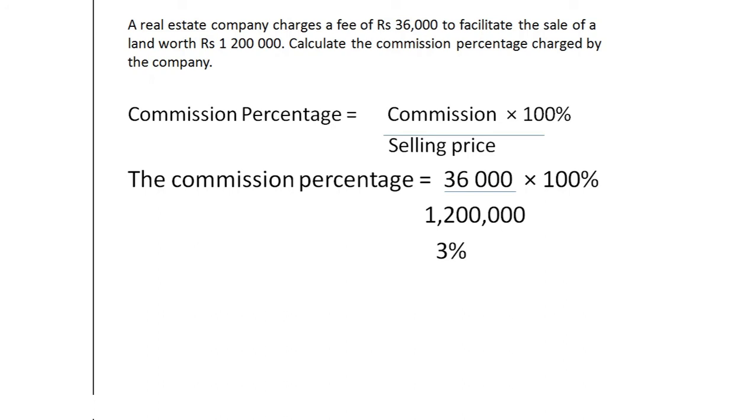Then if you want to convert into percentage, what should we do? We have to multiply by 100%. 3% is the commission. What does that mean? 100 rupees is the selling price. They are giving 3 rupees per 100 rupees.